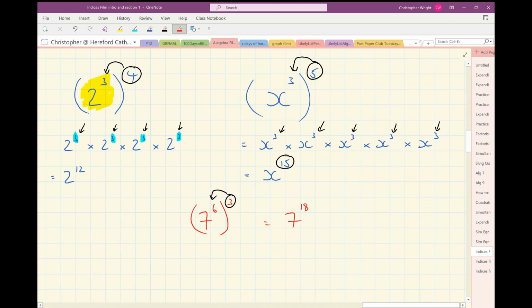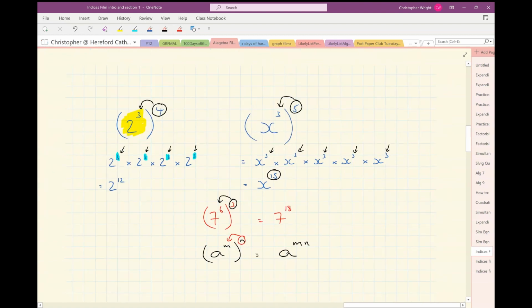Or algebraically, if I had a to the m raised to the power of n, I would have a to the power of n times m. So that's going to be a to the power of mn.